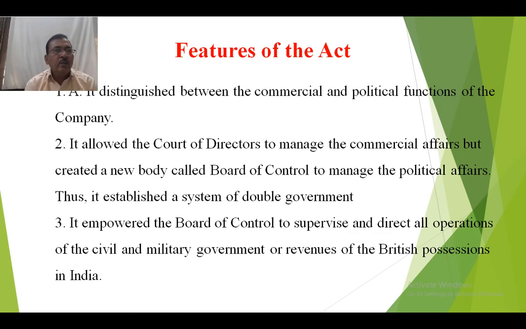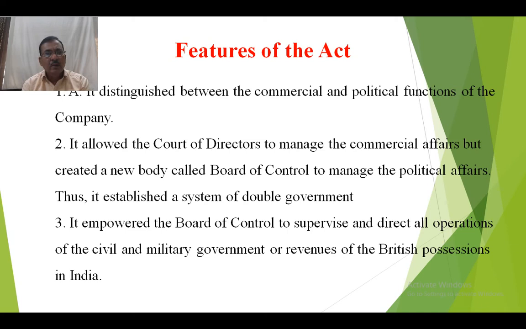So it established a dual form of government, or a double government. The East India Company was restricted only to trading or commercial purposes, and the Board of Control was to supervise and direct all operations and the civil and military government for revenues of the British possessions in India.